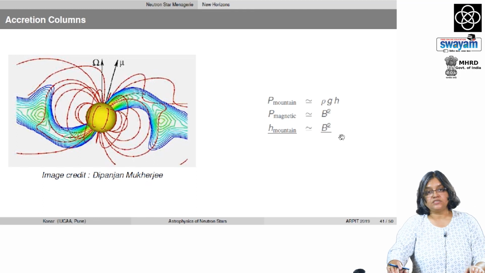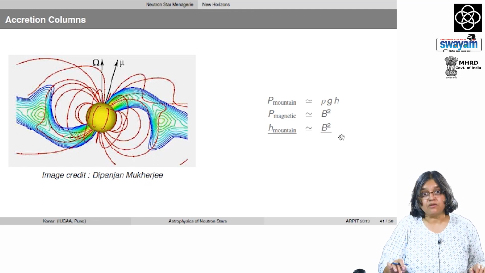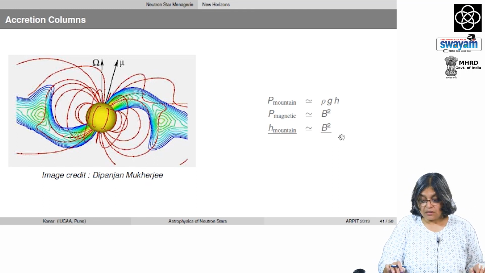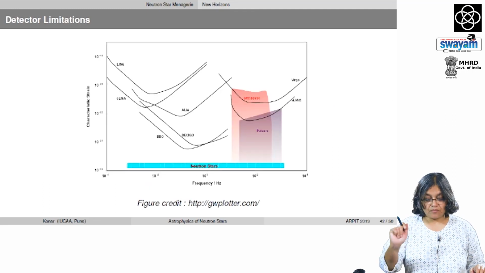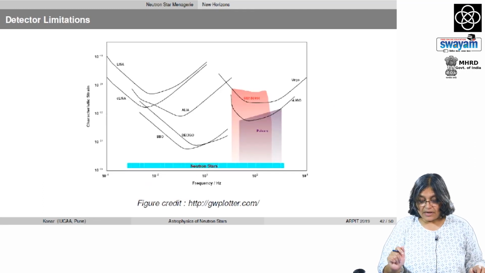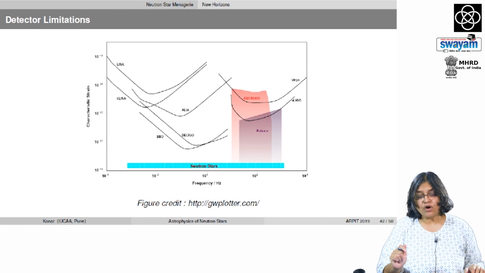But would it still be detectable by the observatories in the near future? It appears that that may not be so.